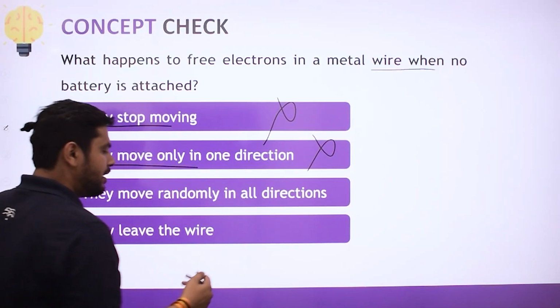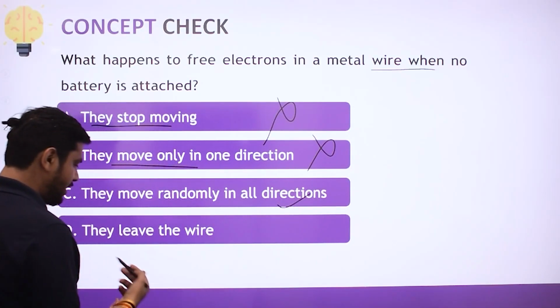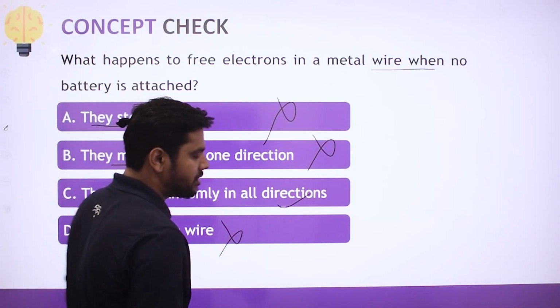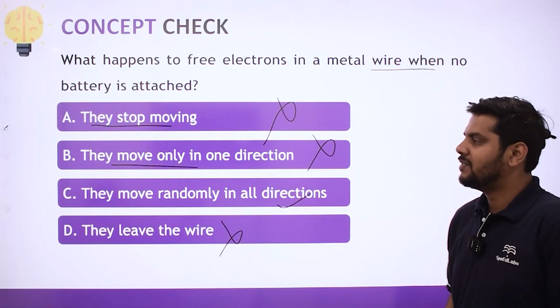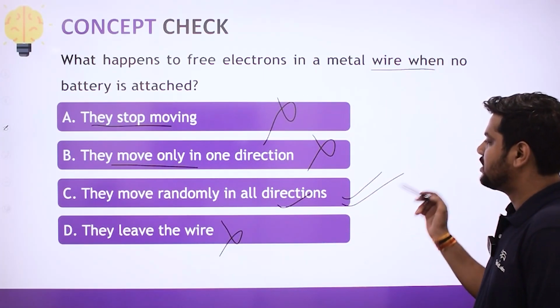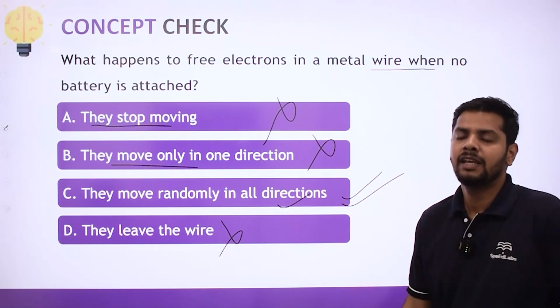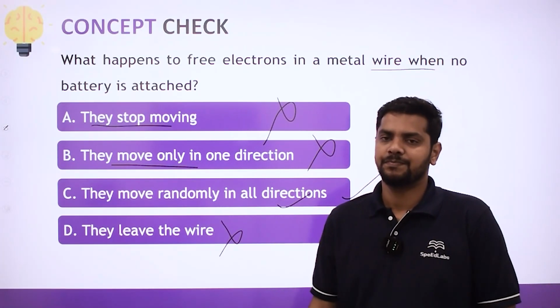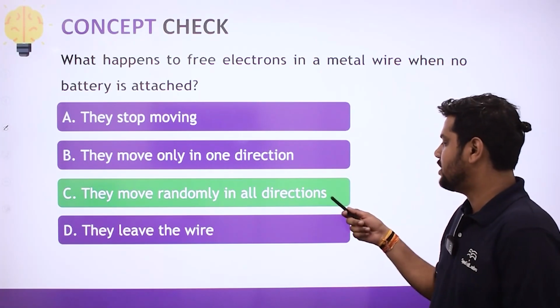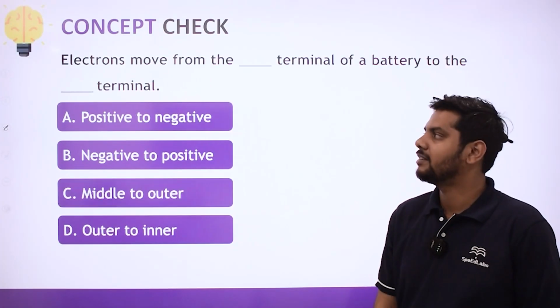They move randomly in all directions. Yes, it can be correct. And they leave the wire. No, this is not going to happen. So option number C, they move randomly in all of the directions, is the correct answer.